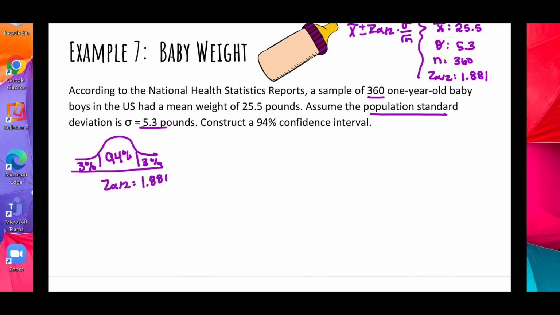So, let's go ahead and use the formula. So we have 25.5 plus and minus 1.881 times 5.3 over the square root of 360. And we're just going to put those in the calculator.